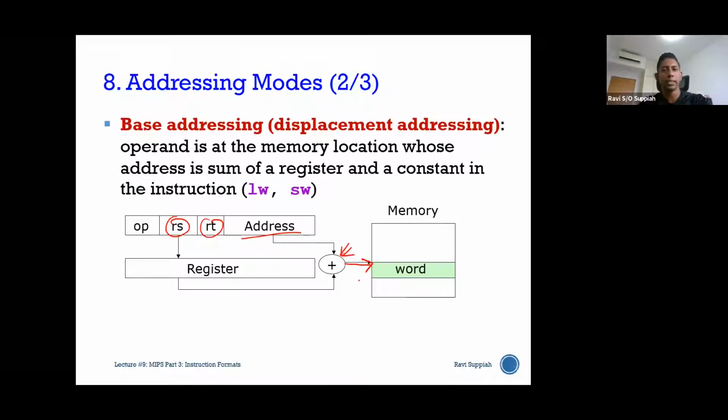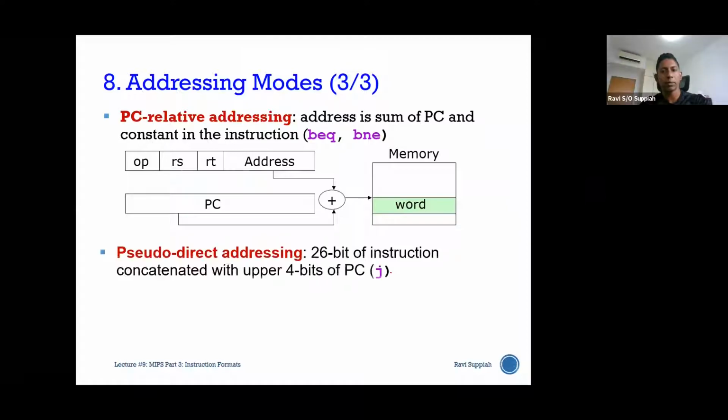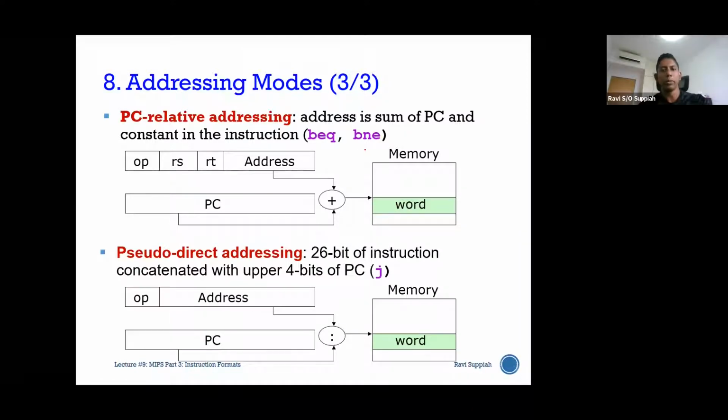So that is the main difference here. For the load and store instructions, we are performing an arithmetic operation to know the eventual address that we're pointing to, and from there we either take that data or store data into that location. That is the addressing mode, similar to BEQ and BNE as well.